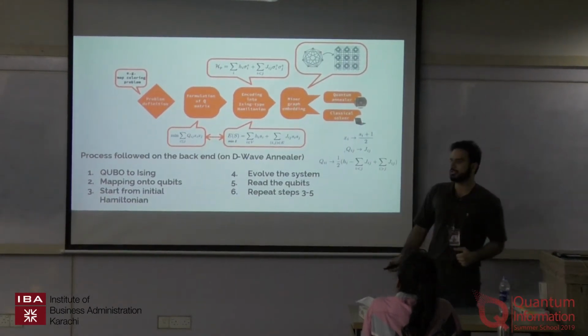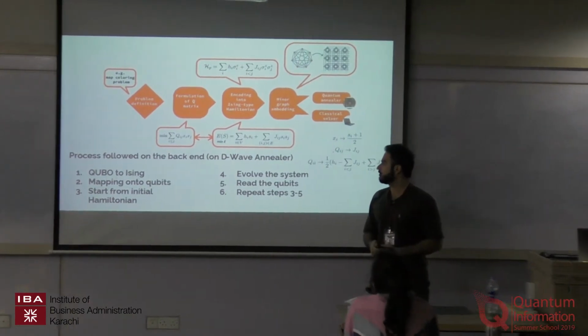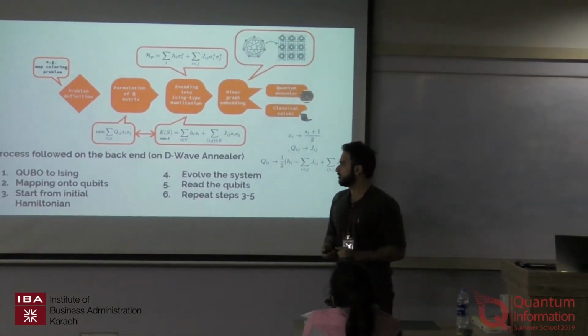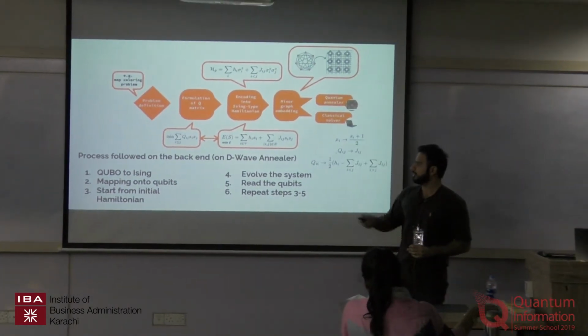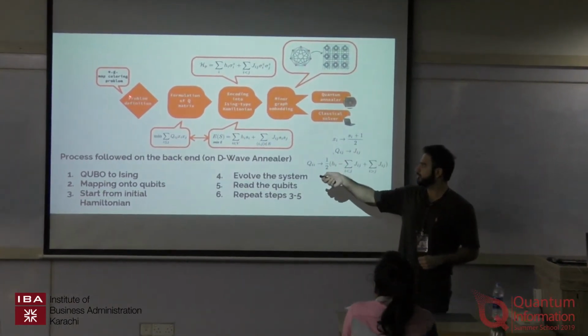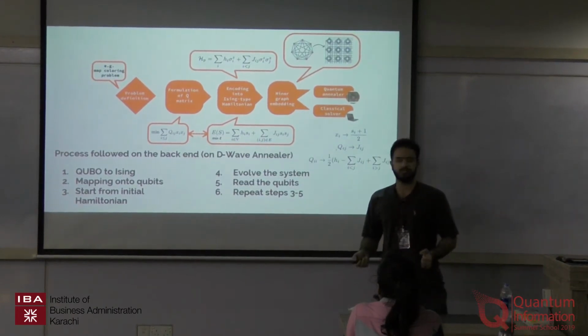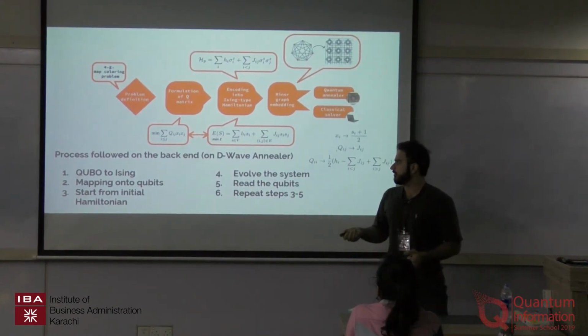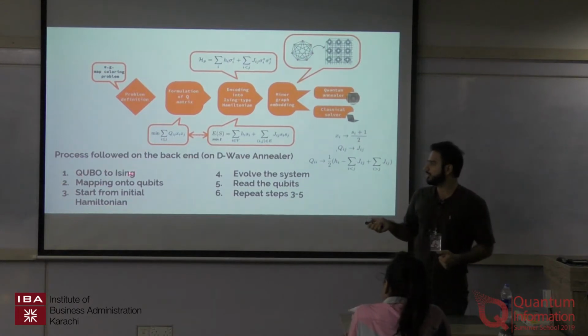Now let's have a look at the nitty-gritty of how the backend of the D-Wave hardware works. A bit of overview, not going too much into detail, but the basic steps. First, you obviously have to define your problem. This involves formulating the cost function and the binary variables in question. Then when it goes to the D-Wave hardware, it transforms this to an Ising problem.